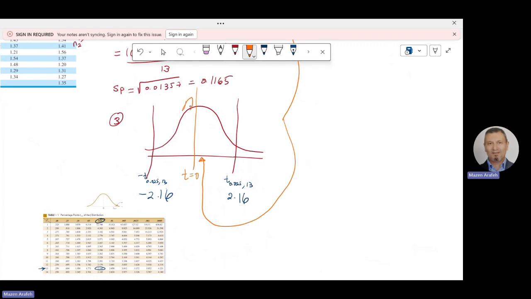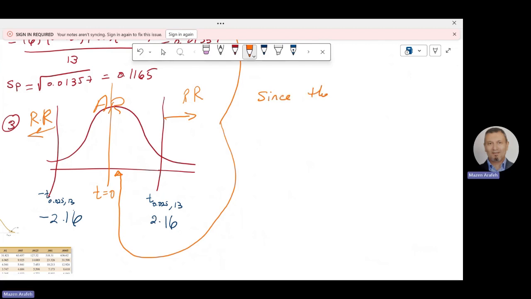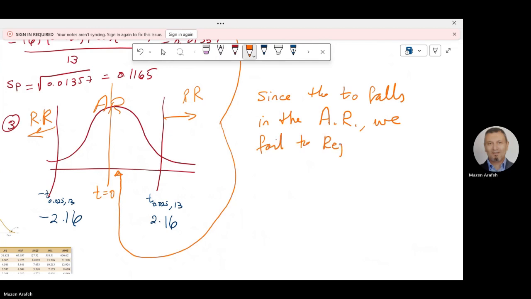In the middle here, I have the acceptance region. To the right here, I have my rejection region, and from this side also my rejection region. Okay, so now, since the test statistic t naught falls in the acceptance region, we fail to reject H naught.